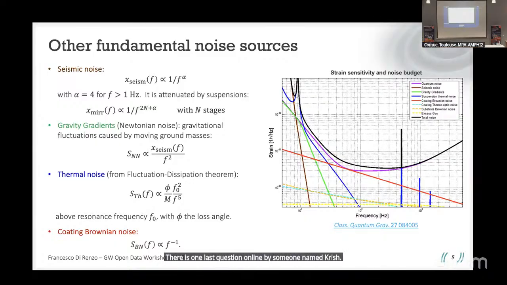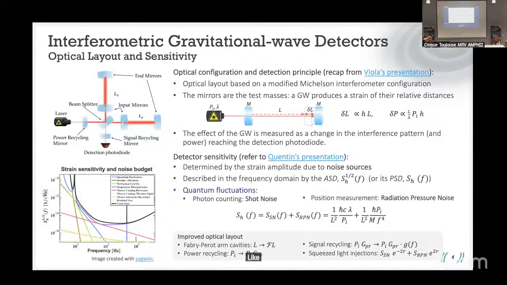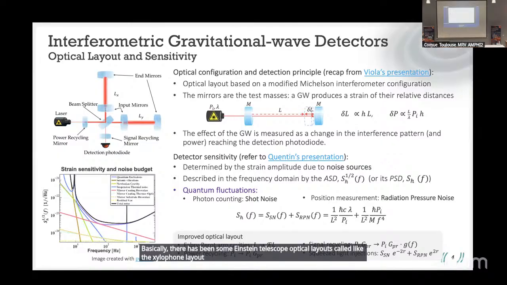What are the limiting factors in adding more mirrors or cavities, like a more complex layout than this? Oh, that's a good question. Basically, there has been an Einstein Telescope optical layout called the xylophone layout, which involves many more mirrors.